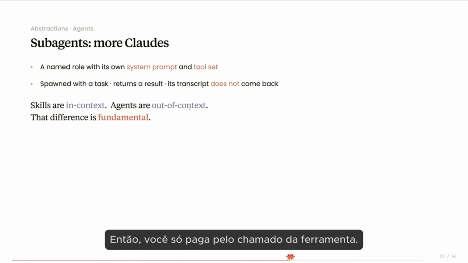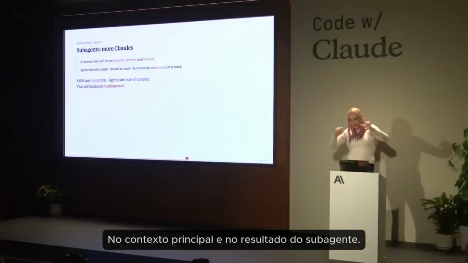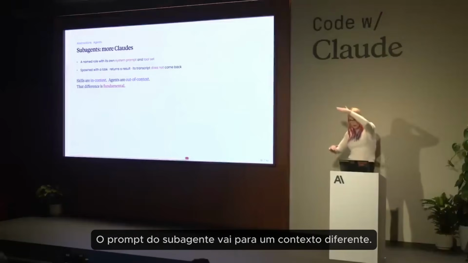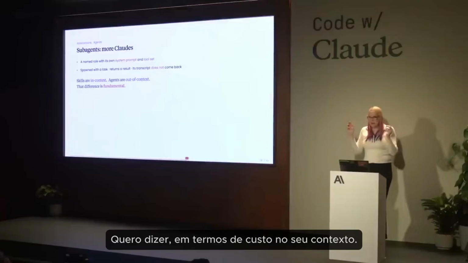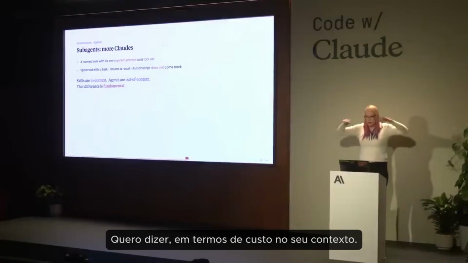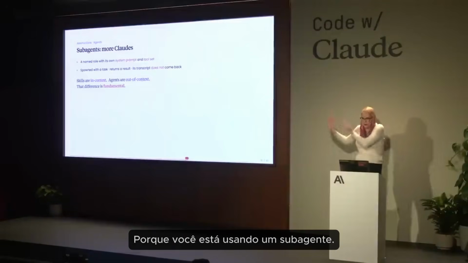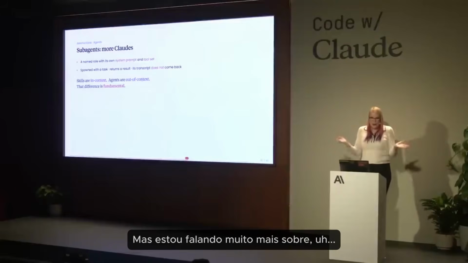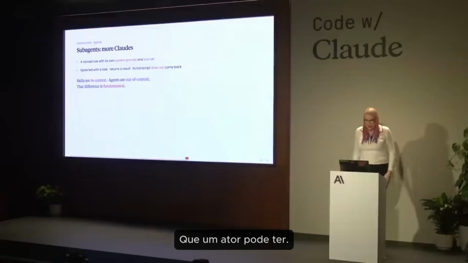So all you're paying for is the tool call in the main context and the result from the subagent. The system prompt of the subagent goes into a different context. And by pay, I mean in terms of cost in your context window. Obviously tokens aren't free just because you're using a subagent, but I'm talking much more about the challenge of splitting up this one context window that an agent can have.